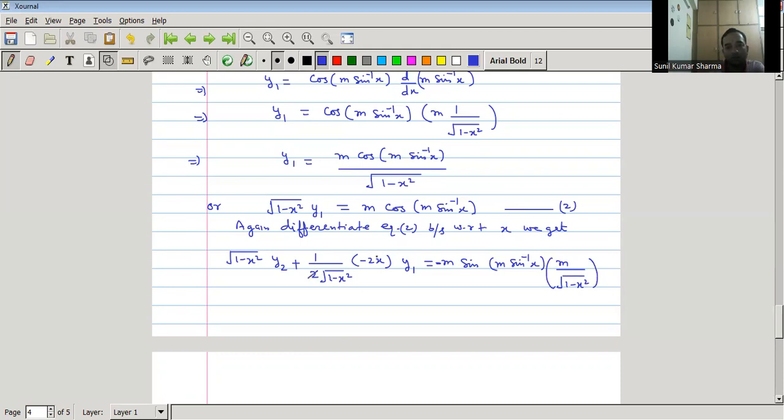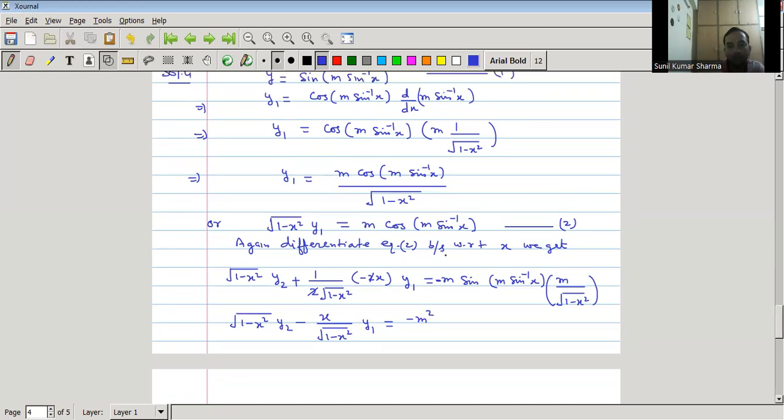So 2 and 2 cancel out. So under root 1 minus x square y2 plus, it is minus x upon under root 1 minus x square y1 is equal to minus m square sine m sine inverse x.